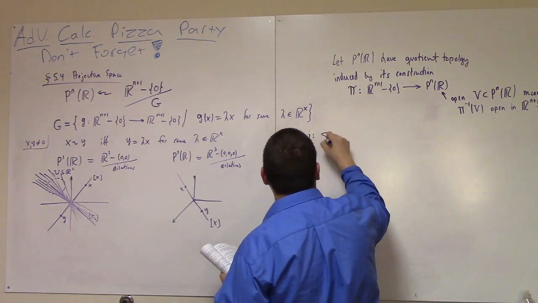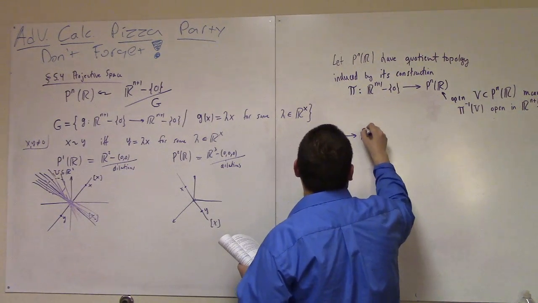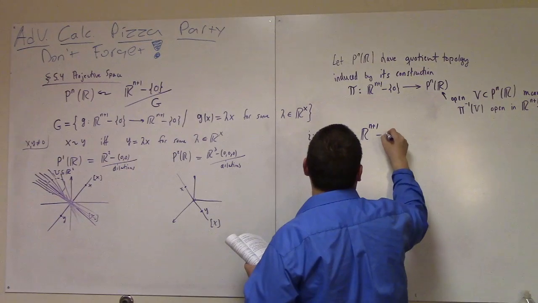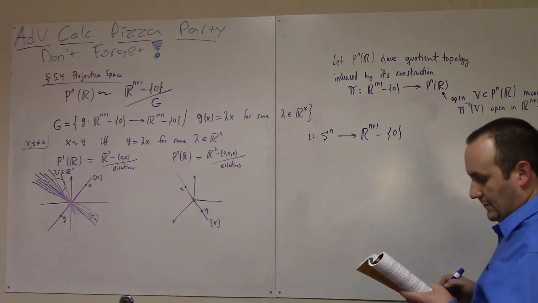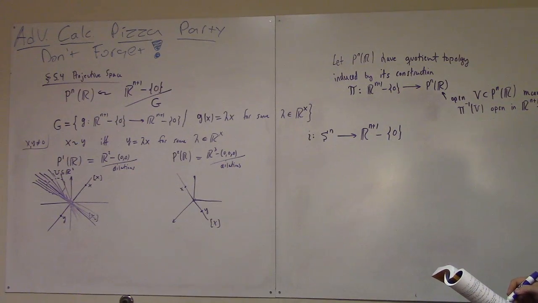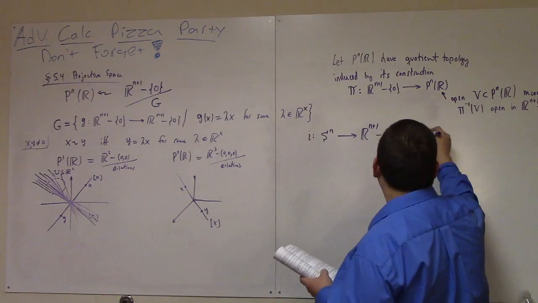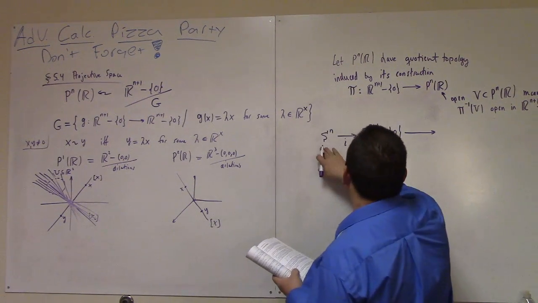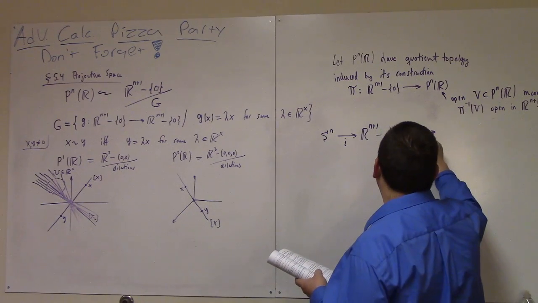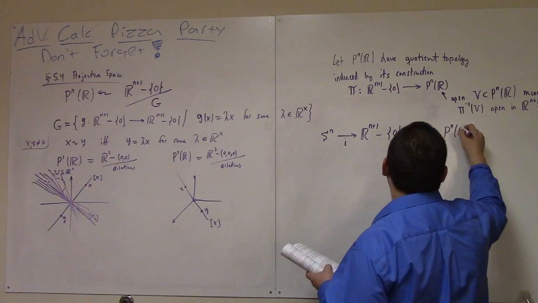The n sphere is naturally included in Rn plus 1 without its origin, right? And then if you go from there, let me draw a picture, say that this is I. So you start with I, then pi, then we're over here to PnR, right?